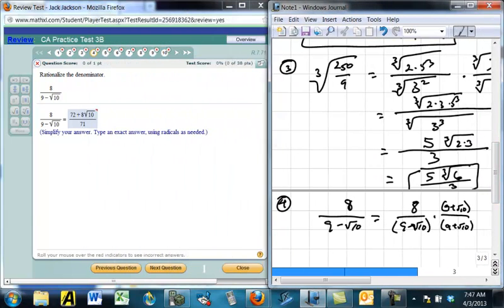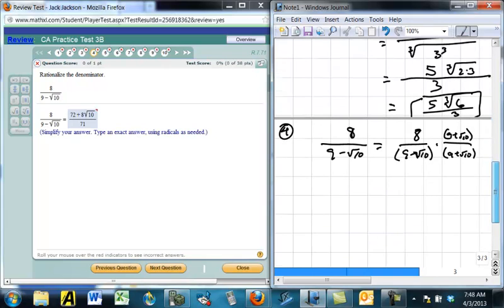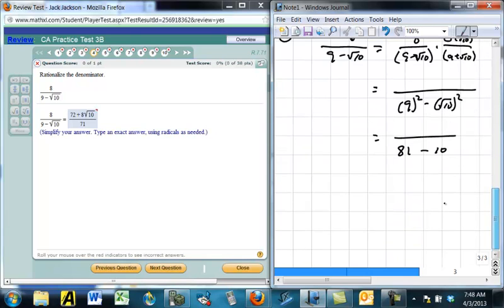Okay, so what does that give us? Well, in the denominator, that gives us 9 squared minus the square root of 10 squared. 9 squared is 81, square root of 10 squared is 10. So when we get down here, we're going to get 71, a single number without a radical in the denominator.